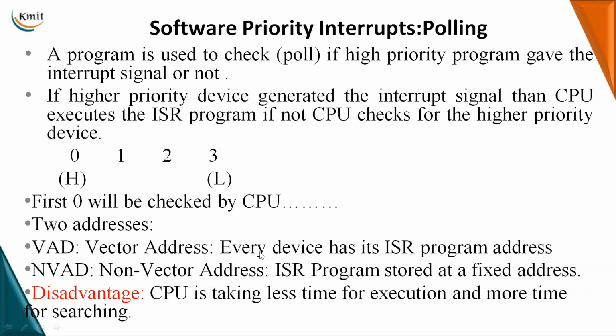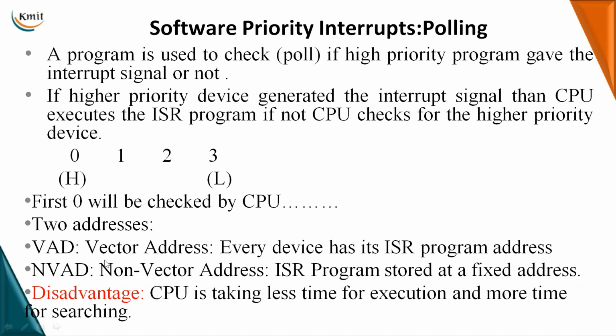And coming to a non-vector address, in some types of systems, all the interrupt service programs of all the devices will be stored at a fixed location in the memory. It will not be at different locations for each device. We call it a non-vector address.